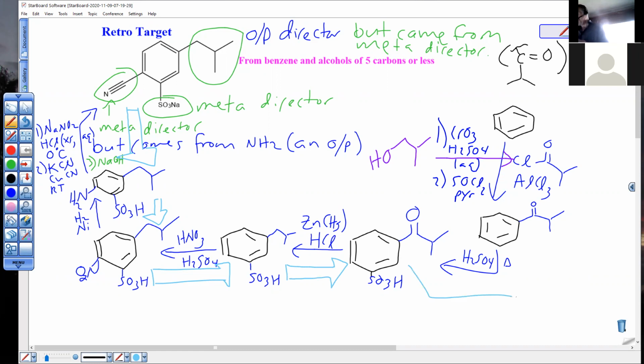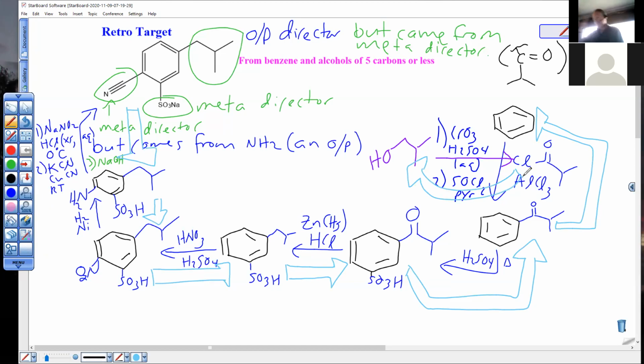And this one came from here. And this guy came from up here. And that's benzene, so you're allowed to stop with that. And this came from here. So on this test, you can do the forward synthesis in your mind and then put it on paper, as we did here, and then retrofit it.